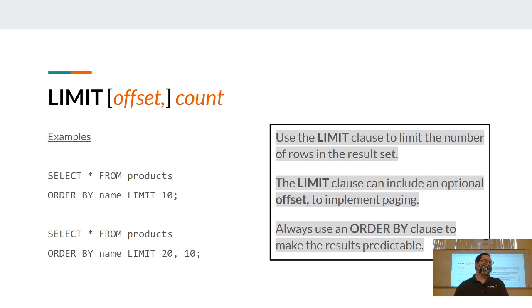Using that offset and the limit is really helpful in making paging. Rather than displaying all your results at once, you can say we'll show 20 items per page, 10 items per page, whatever that number is. And that becomes very important when you're looking at a lot of data.